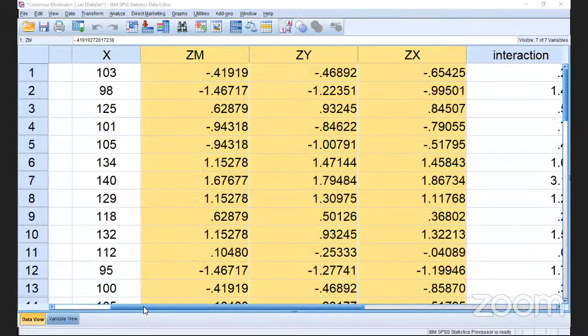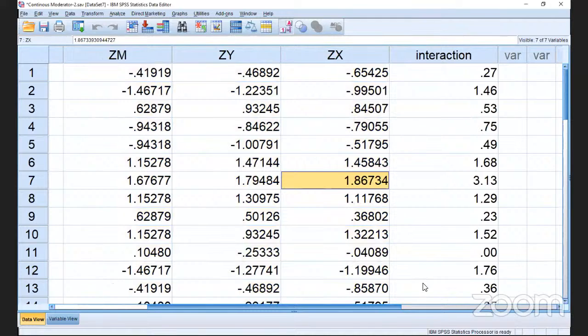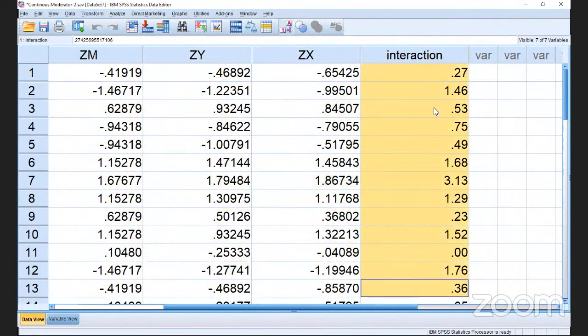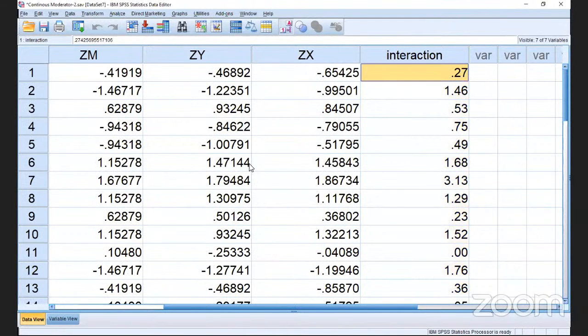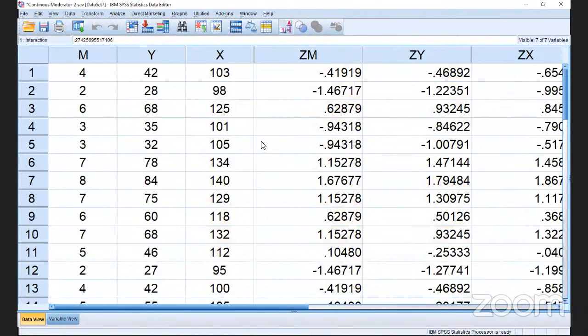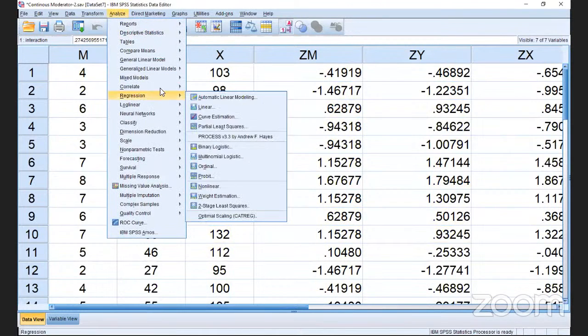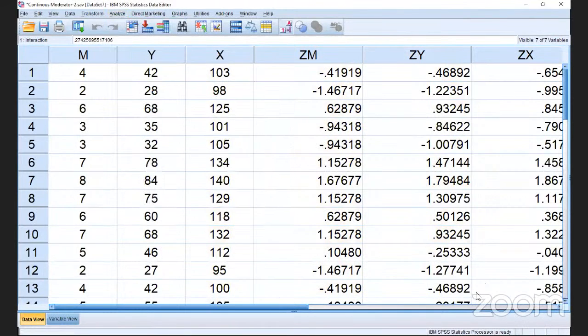Now you can see the interaction term here. This is interaction, another variable. Now I am adding the interaction term. I'm using again multiple regression analysis: analyze, regression, and linear.